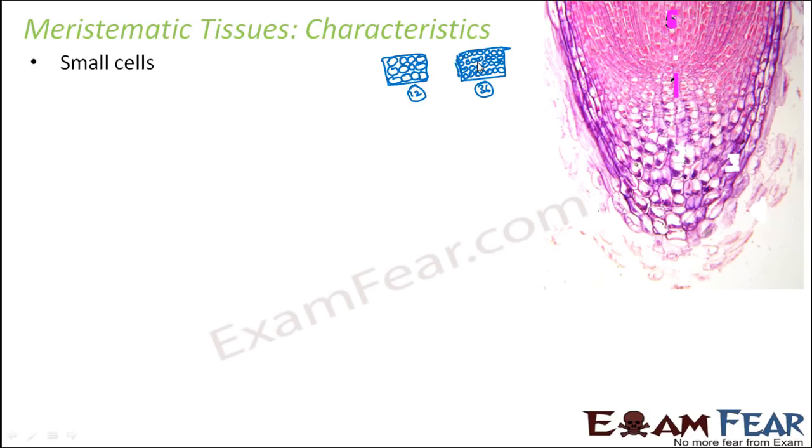Meristematic tissues are composed of cells which are small in size so that many cells can be accommodated in a small space. And if many cells are there, then many cell divisions will take place and many new cells will be formed. So that is the benefit of meristematic tissues being made up of small cells.